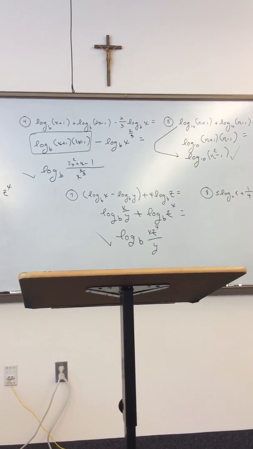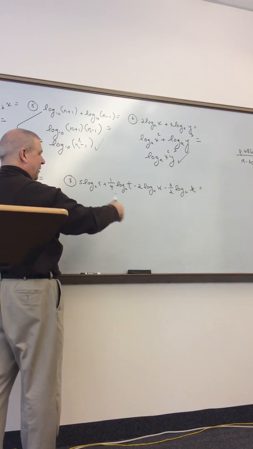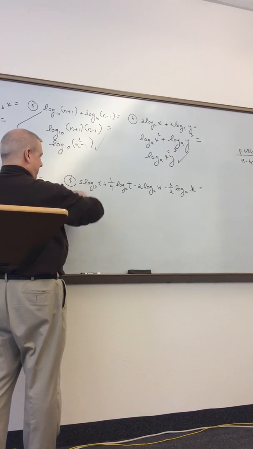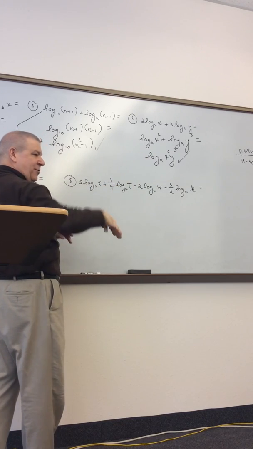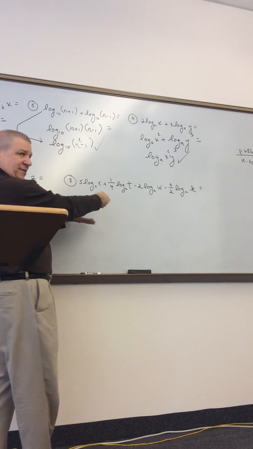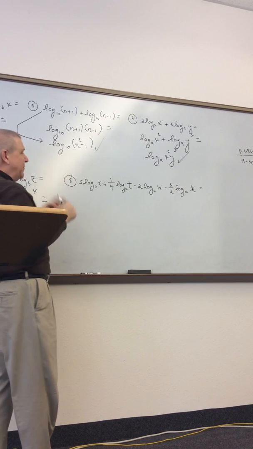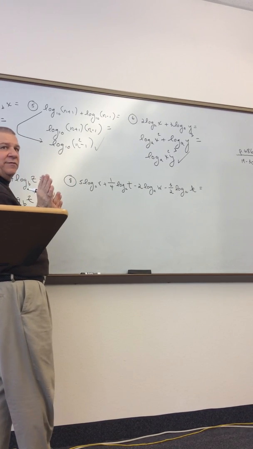Everybody good? This is pretty straightforward here. And finally, for that last one. Okay, go across on your paper. They all have numbers in front, so go ahead and put them with the exponents. Here, so tell me what to write down. All the numbers in front are going to go to the exponent.